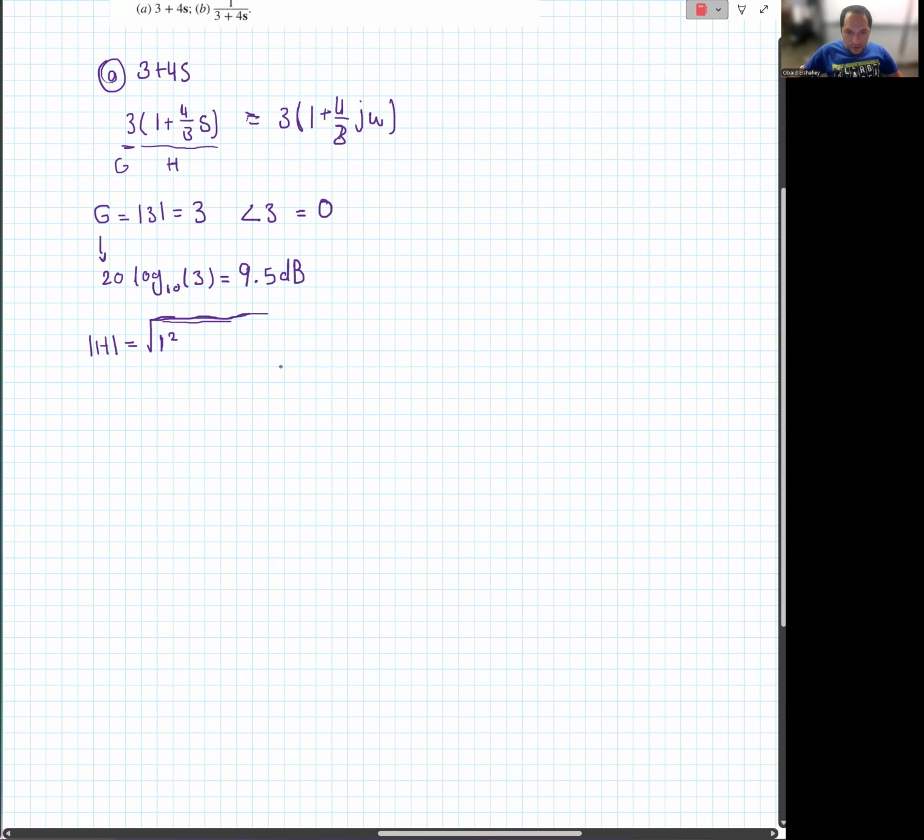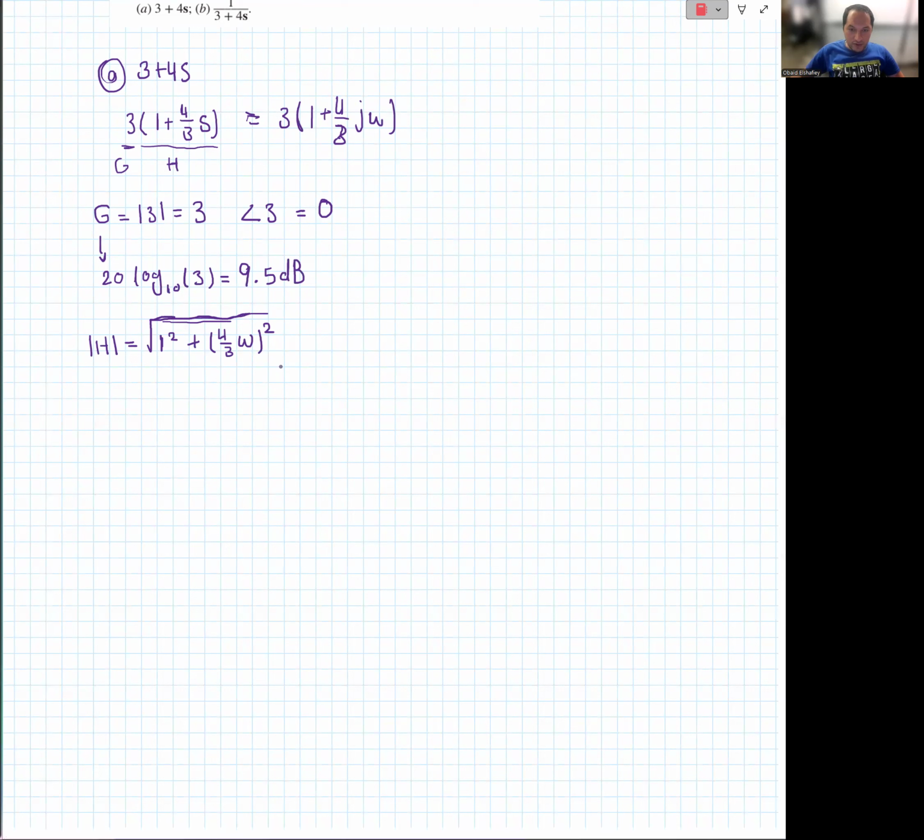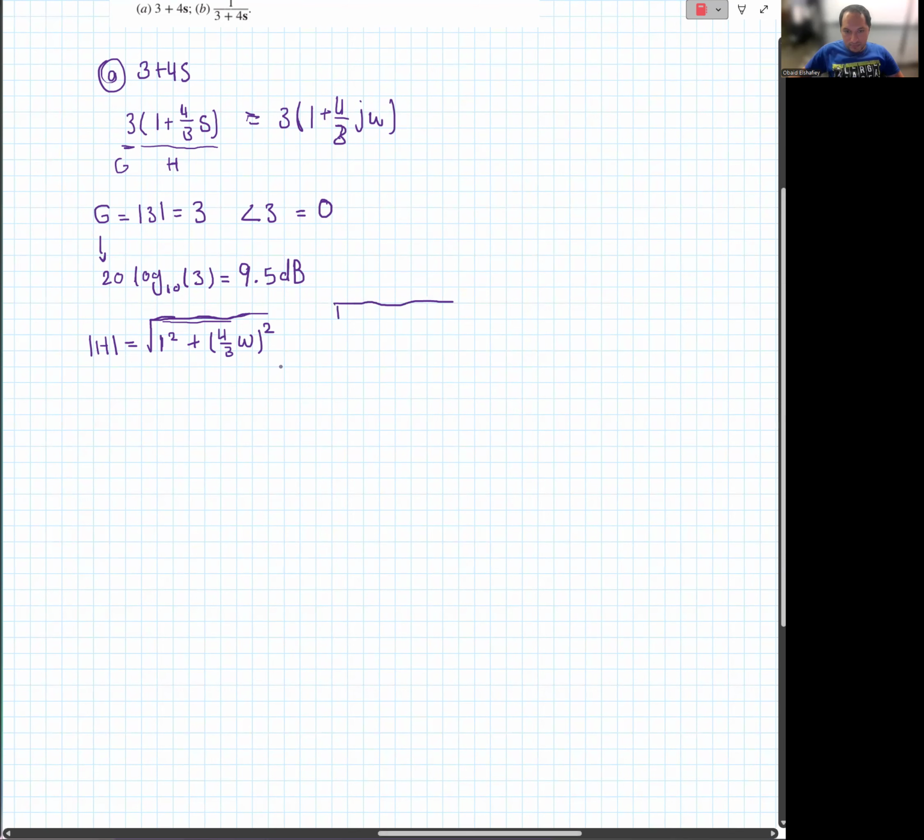So it equals the square root of 1 squared plus 4 over 3 omega squared. All right, so then you can make a table of values of omega and values of the magnitude of H.